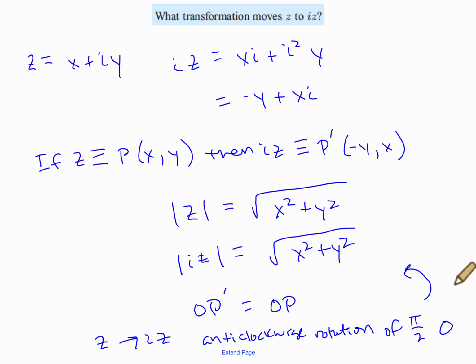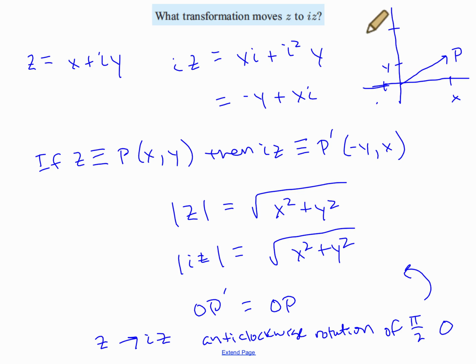about the origin. Let me do just a quick sketch up here. If we have the point (x, y), right here, that's P, then negative y is about here, the same distance, and x.